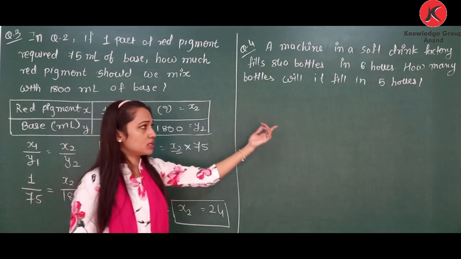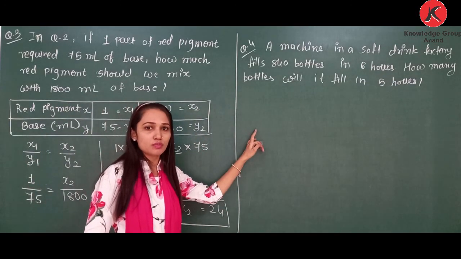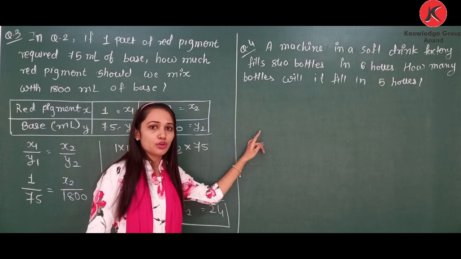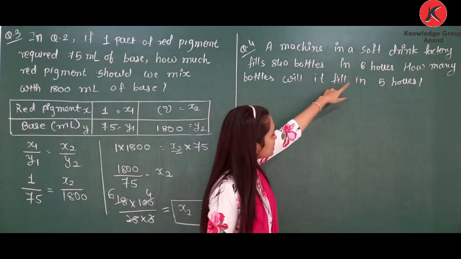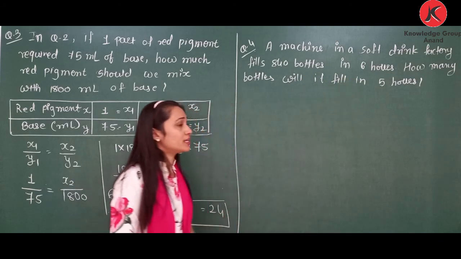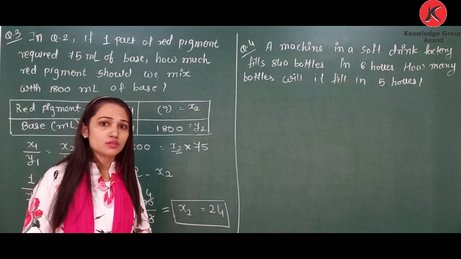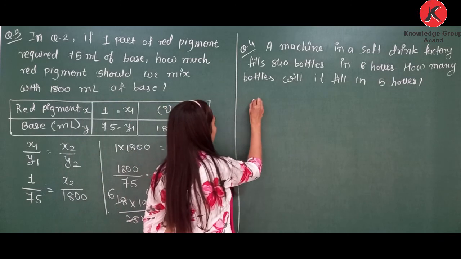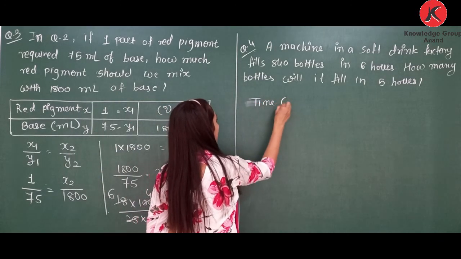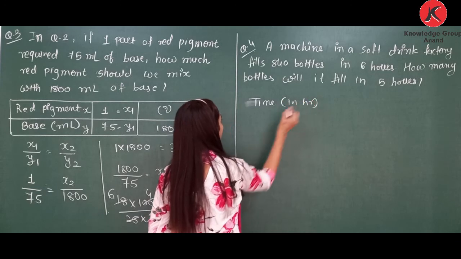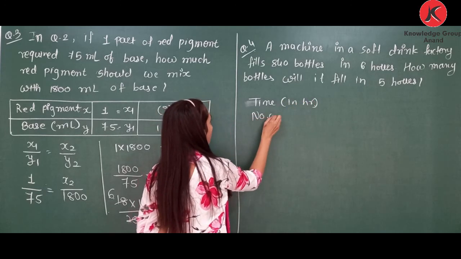If time is decreased, the number of bottles will decrease because the machine speed is the same. So we need to make a table: time in hours and number of bottles.